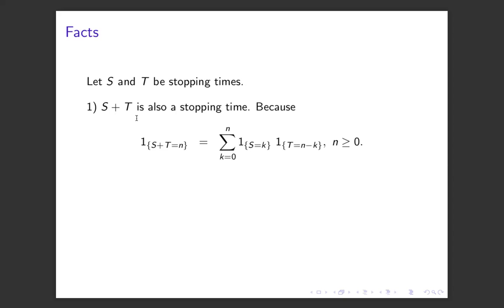Then S plus T is also a stopping time. That is because you can write the indicator of the set S plus T equal to N as a summation, K going from 0 to N, of indicator S equal to K times indicator T equal to N minus K, for any N.